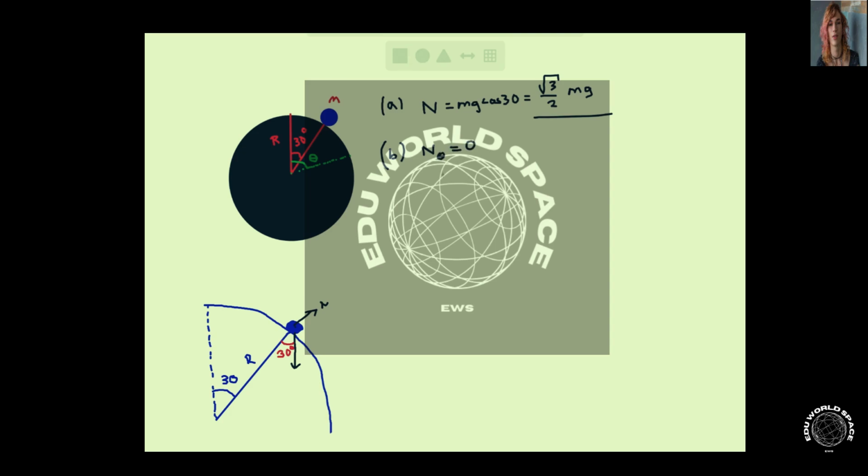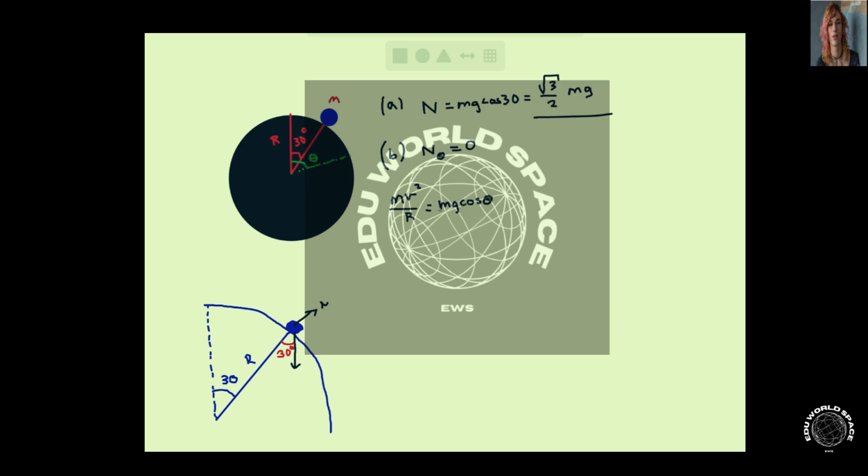As we know that the normal contact force is equal to 0, this means that the resultant radial component of the weight of the small particle must equal the centripetal force to keep it moving in a circle. So we can equate these two expressions and say that centripetal force, so mv squared over r, is equal to mg cos theta.